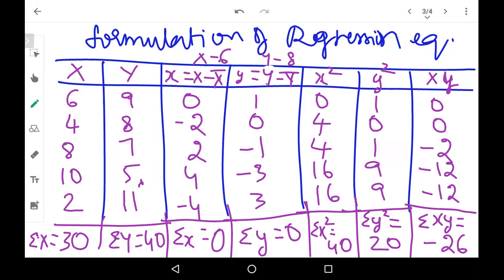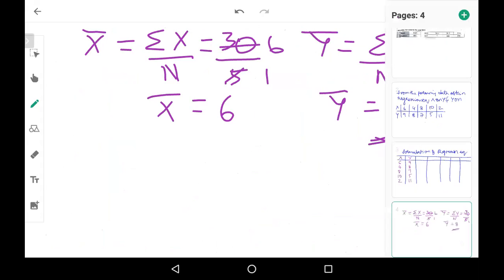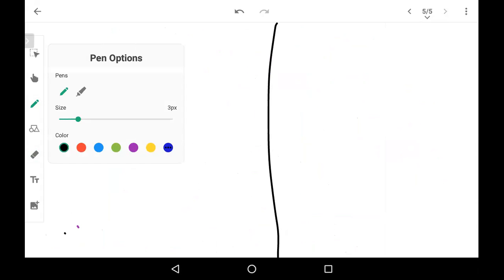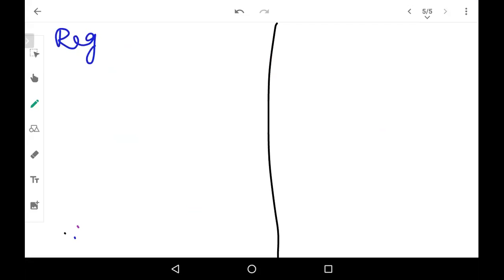Okay. Now let us go to the equation part. First part is regression equation y on x.